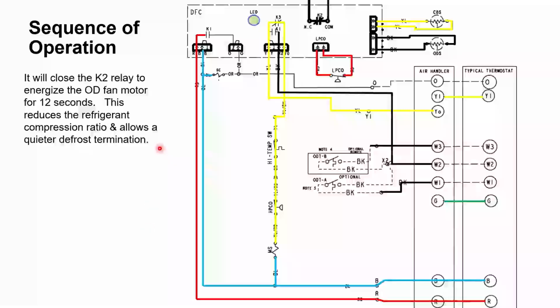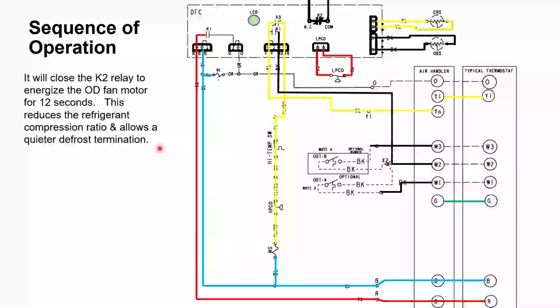Now, we will do about a 12-second delay on the outdoor fan motor. So we fire up the outdoor fan motor, then 12 seconds later, we switch the switchover valve and turn off the auxiliary heat.